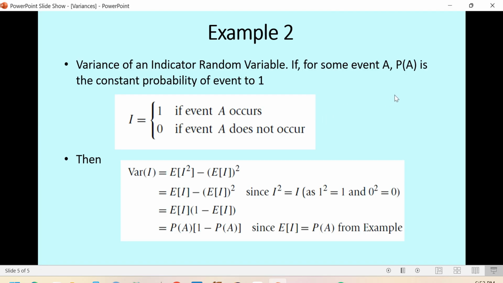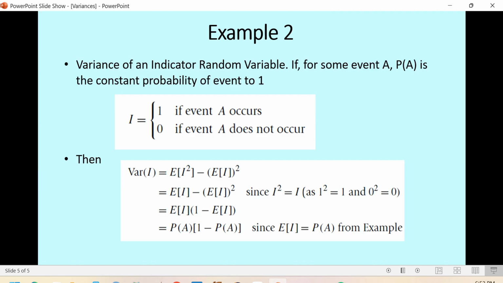For example, flipping a coin and getting a head. The probability of the other side is 1 minus P(A), right? Here we denote P(A) as the probability that event A occurs, with value 1. This probability is constant.